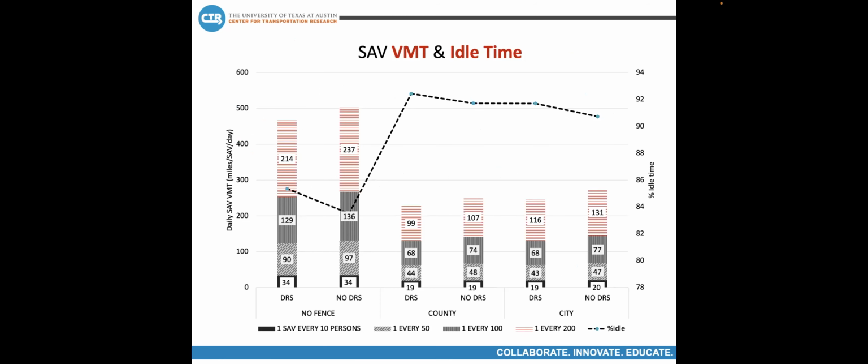This graph depicts the idle time, and you can see that there was a sharp increase in idle time as we moved from the 12 county fence to the smaller county fence as the area of operation shrunk, and then a relatively constant idle time from the county to the city.